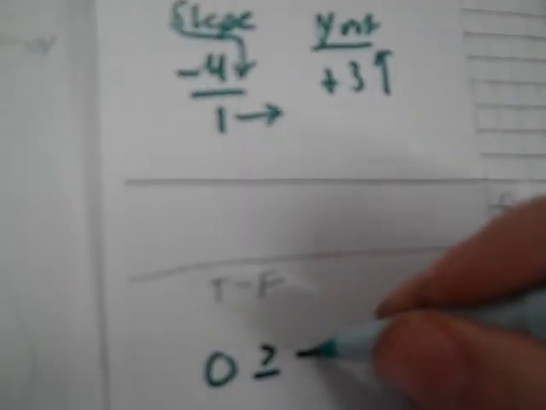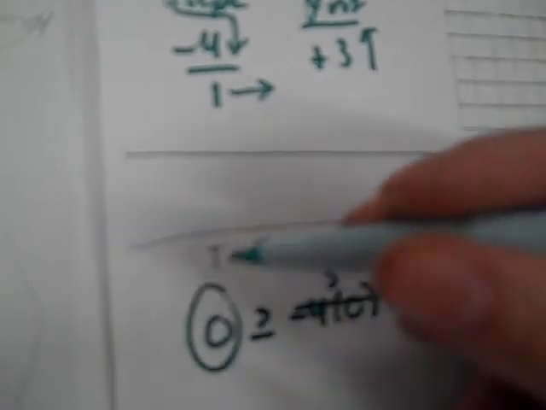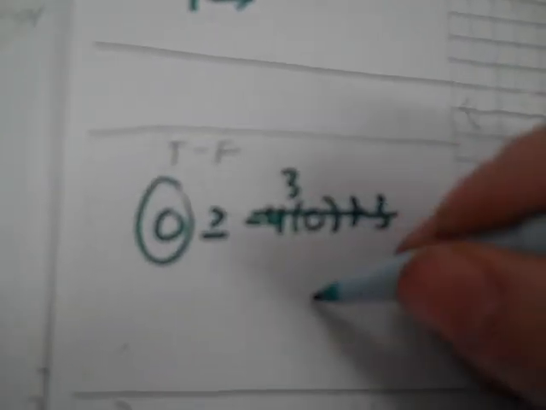Greater than or equal to -4, parentheses 0, and then +3. So I cross that out. -4 times 0 plus 3 is 3. So 0 is smaller, but the nose is not pointing towards it, so that is false. So this is false, and the other side is all the true points.